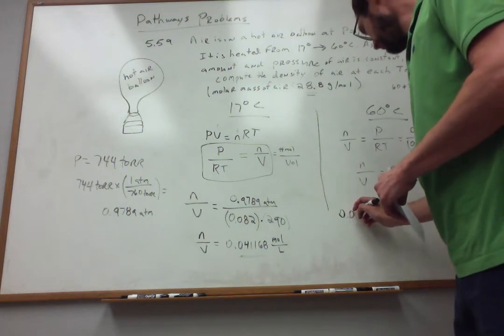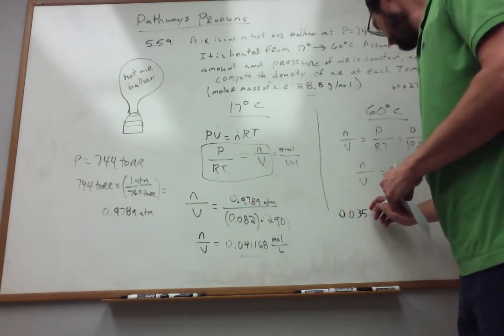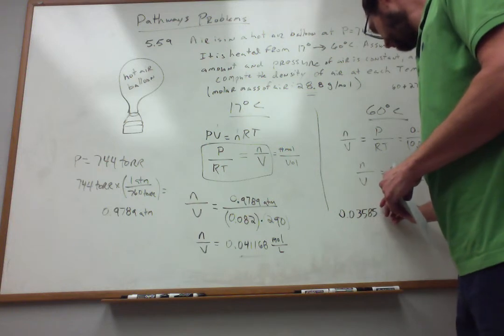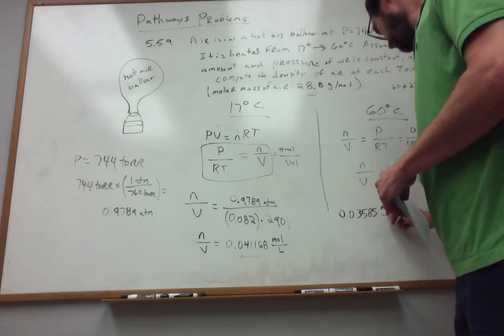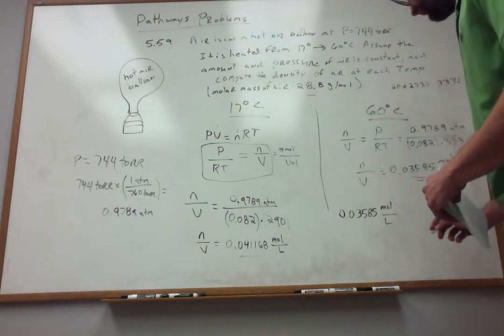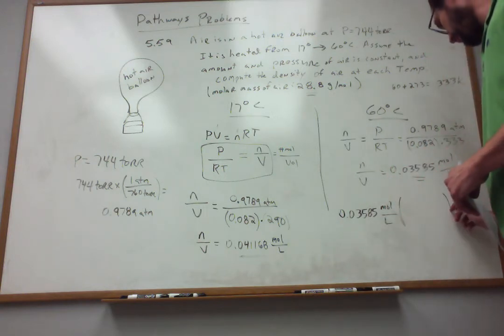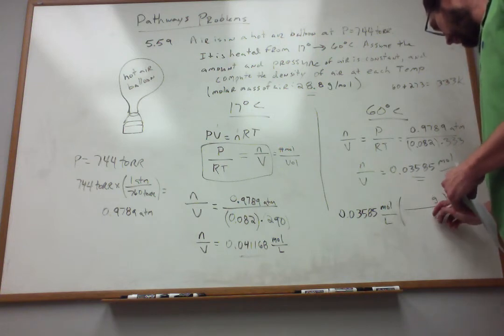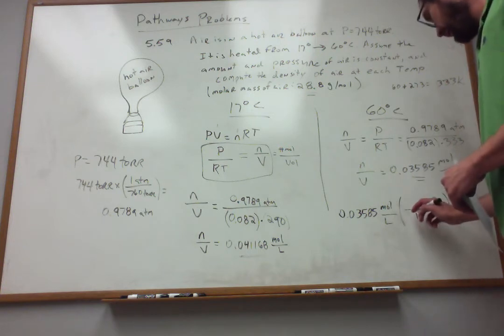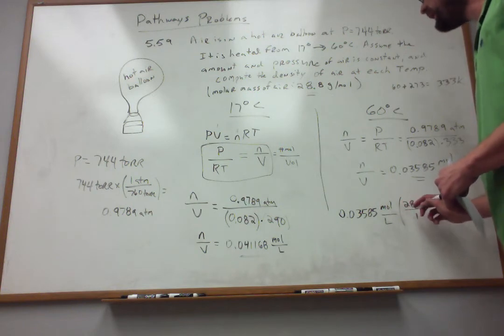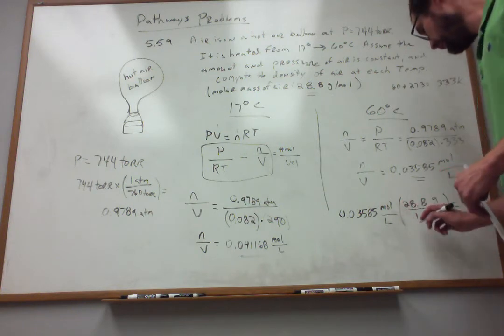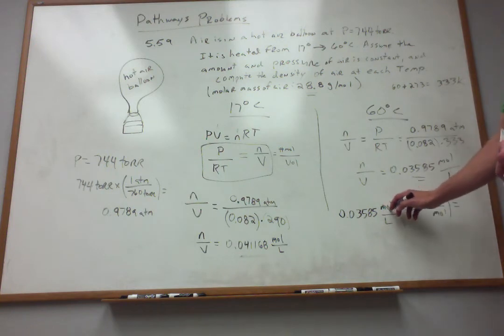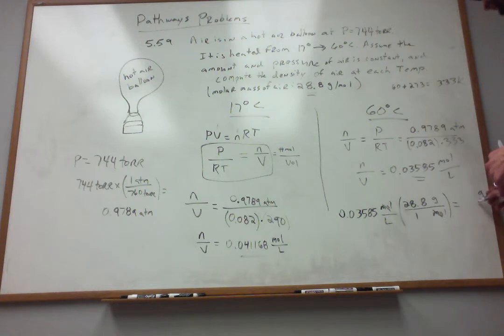If I have 0.03585 moles per liter of my air, and the molar mass is 28.8 grams per mole, my mole units can cancel out, and I'll be left with units of grams per liter.